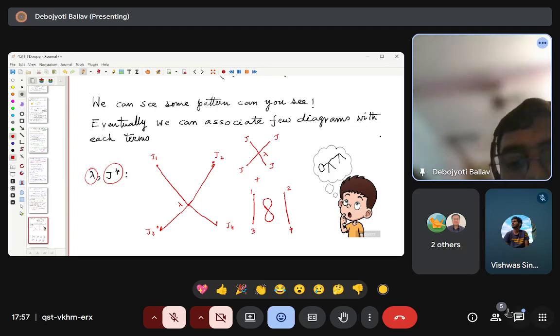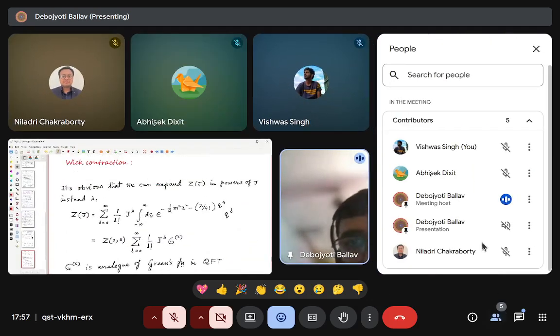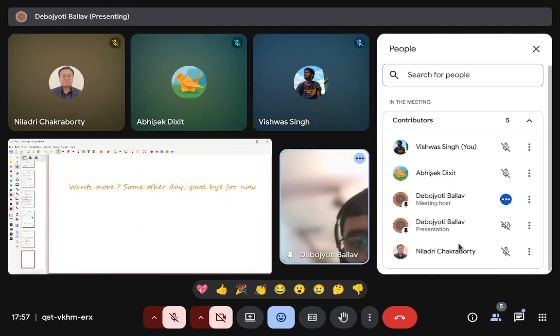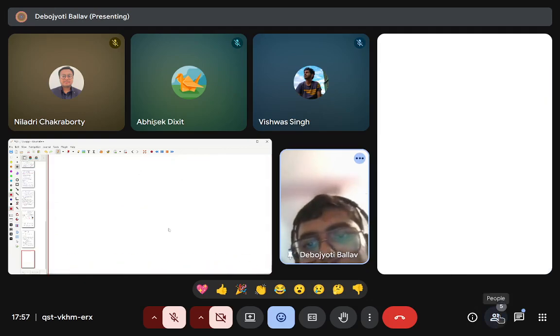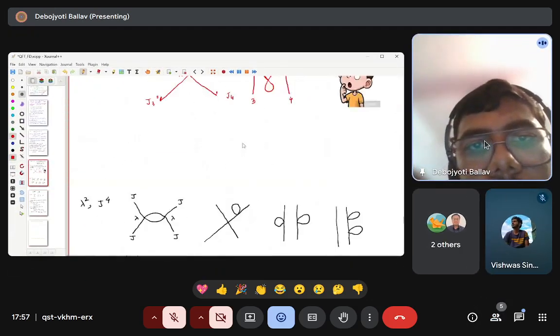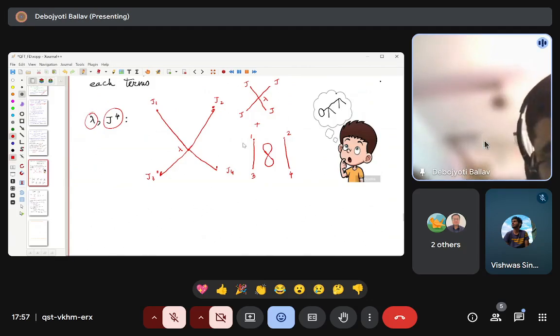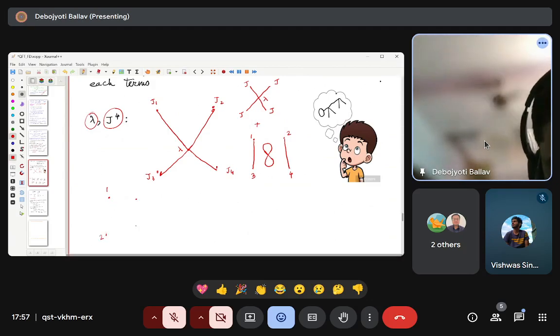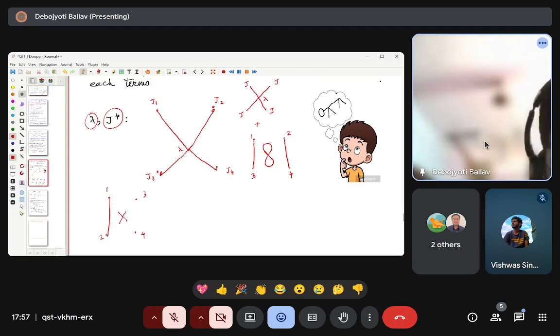So let me draw a few more for you. Sorry. So I can draw a few more, where 1, 2, so you have 4 j's, 3, 4. Now 1, 2 I can connect like this, 3, 4 I can connect like this, but I don't do that because I have this lambda.